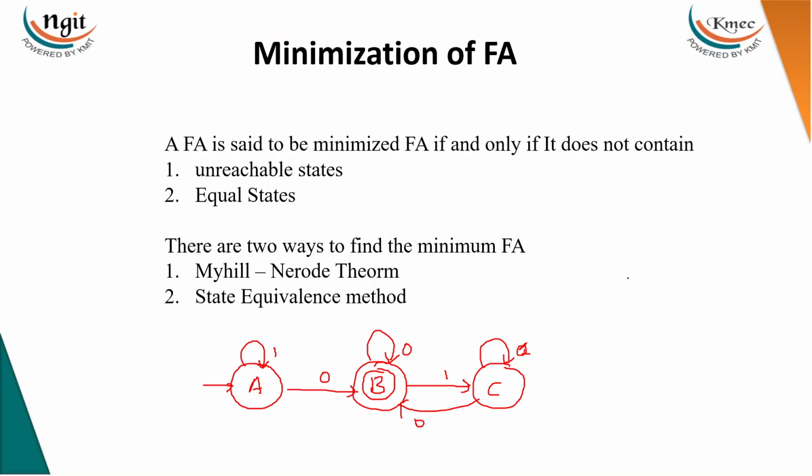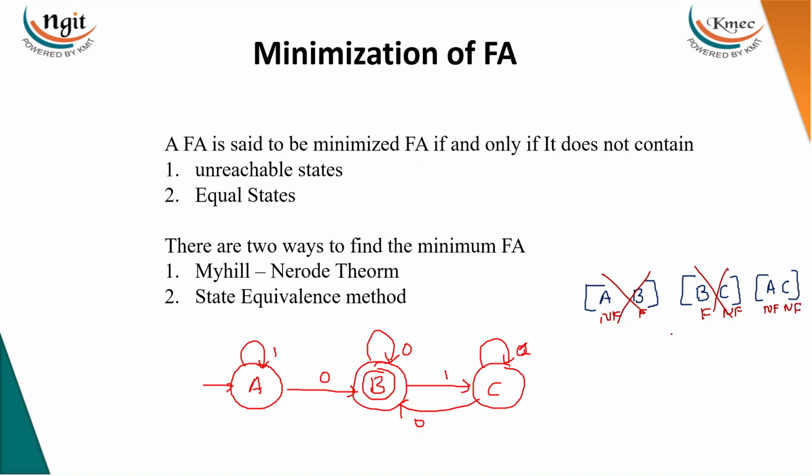For equal states, take the pair of each and every 2 states: the AB pair, BC pair and AC pair. See guys, a pair of final and non-final is never equal. A is non-final, B is final, so never equal. B is final, C is non-final, never equal. A is non-final, C is non-final.